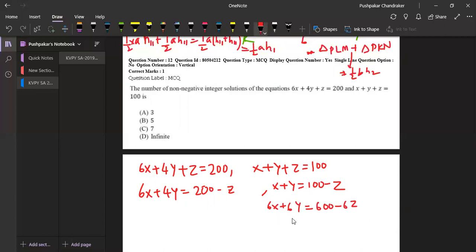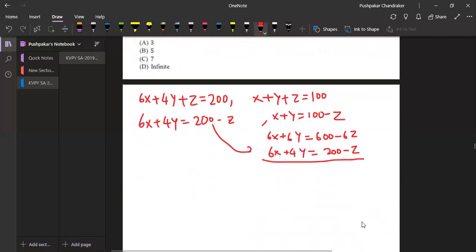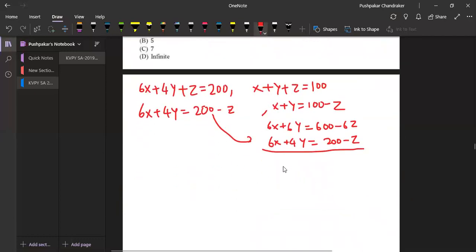So you can write the first equation here, minus z. If you subtract, you get 2y equals 400 minus 5z. So y is 200 minus 5 by 2 times z. So we got y.